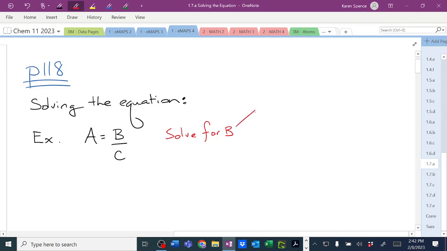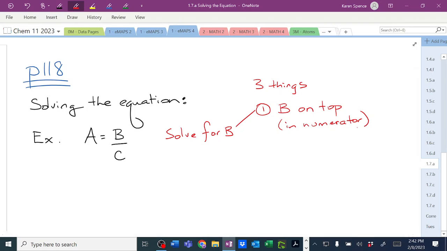Solving for B involves 3 things. You need to get B on the top, which means in the numerator. But that's okay.